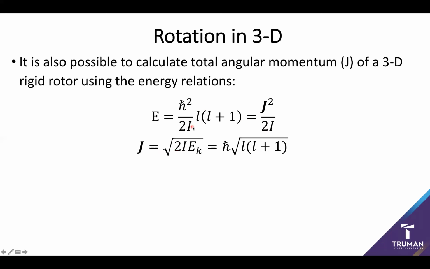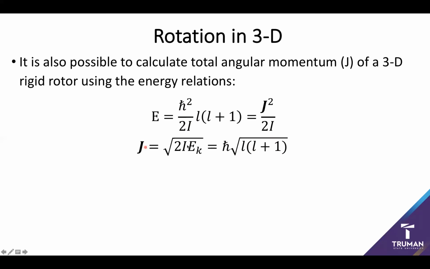And again, if I multiply my energy times 2I, all I'm left with is an h bar squared times my quantum numbers. Well, h bar squared can then be pulled out front as h bar, and we're left with essentially Planck's constant times the square root of our quantum number portion of the equation.